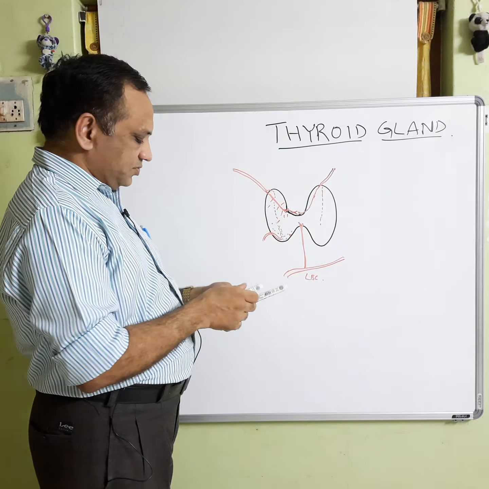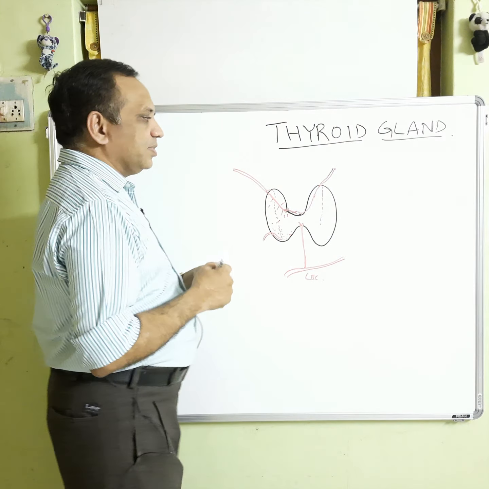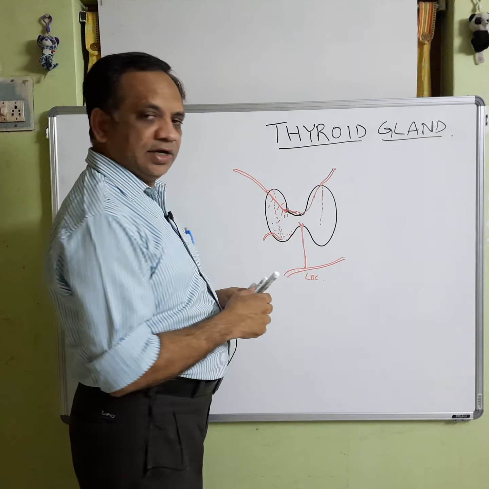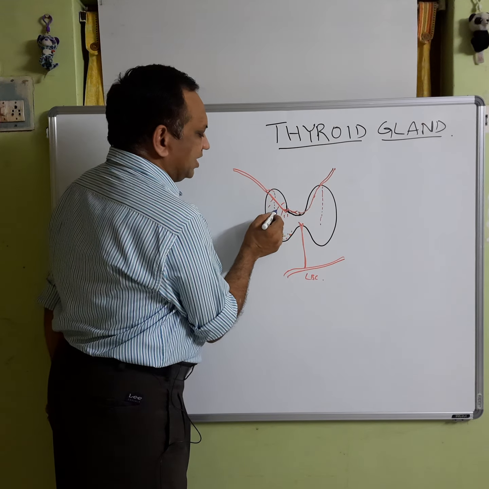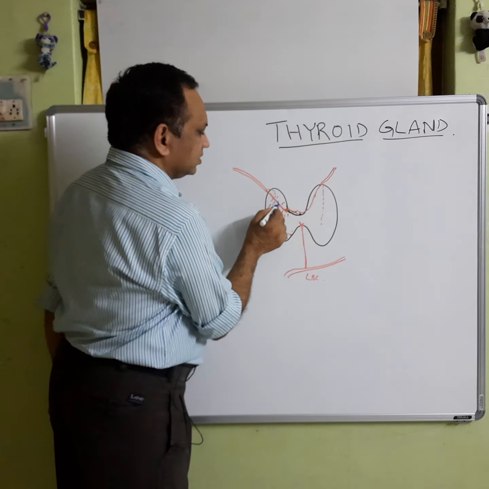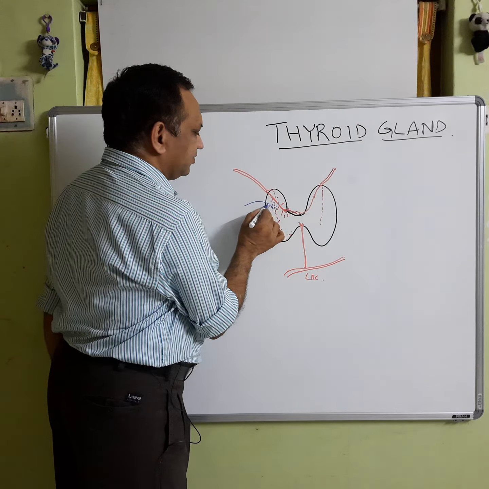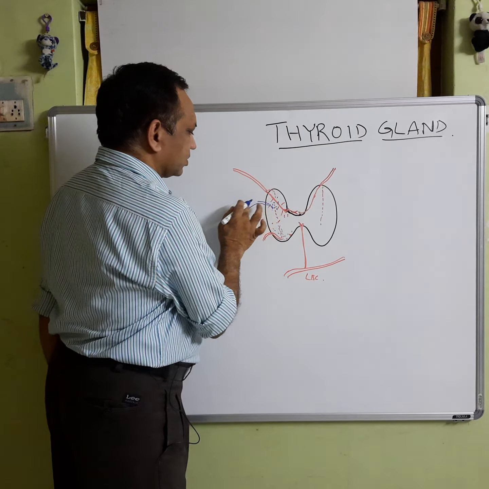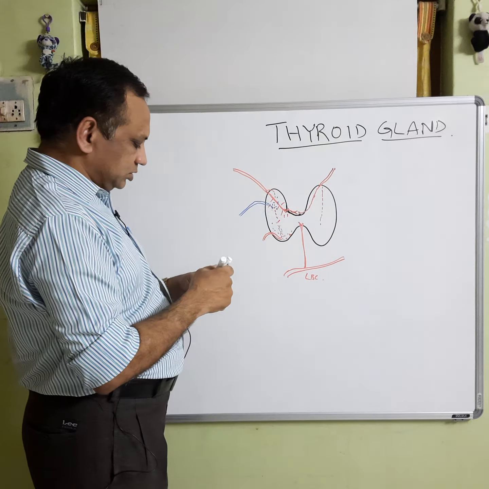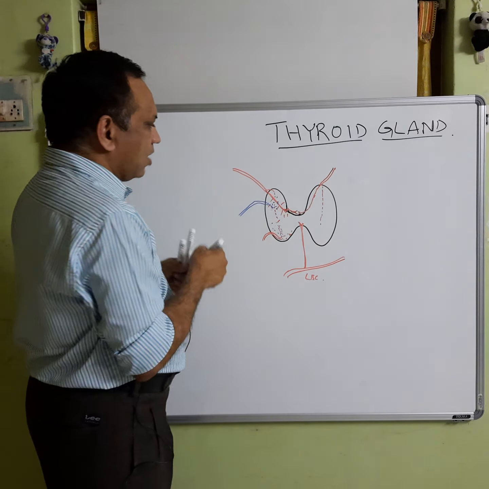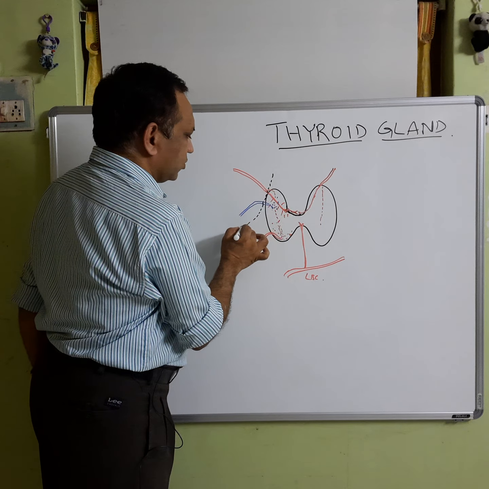Coming to the venous drainage, veins are formed from the capillaries into three sets. Three main sets are there. Veins from the upper part, they ramify to form superior thyroid vein, which goes along the outer margin of the superior belly of omohyoid.